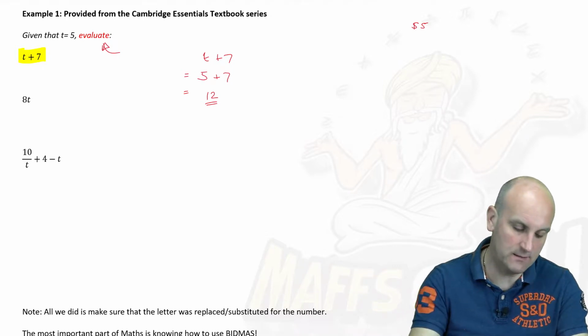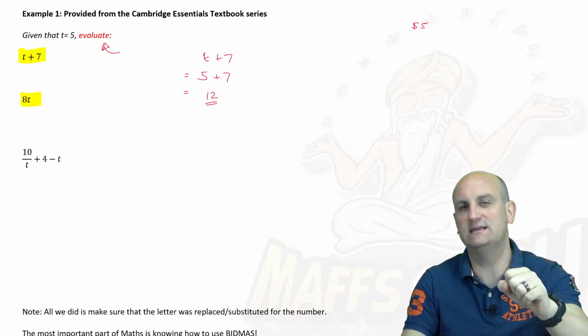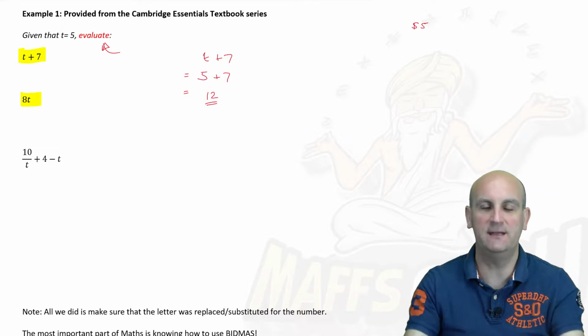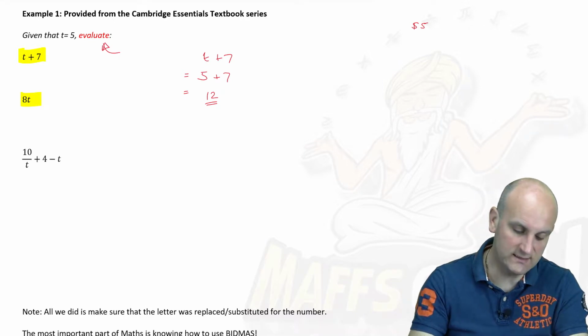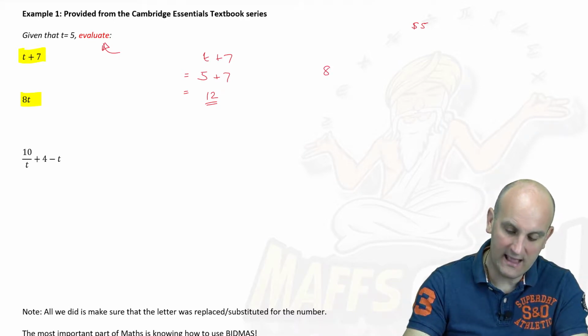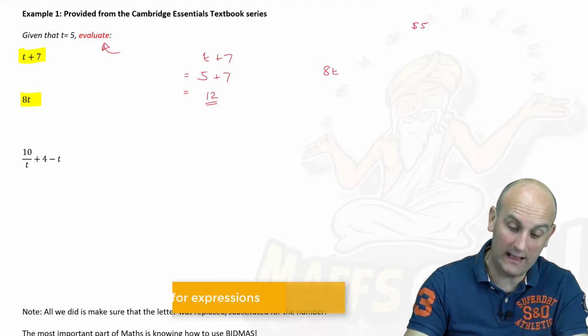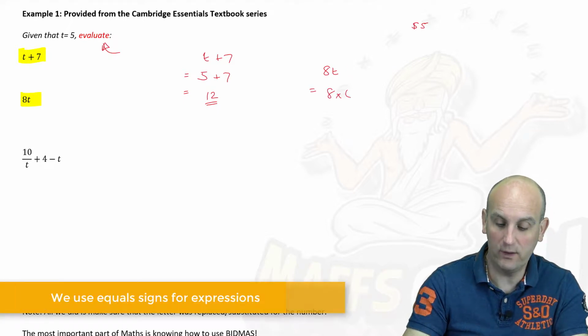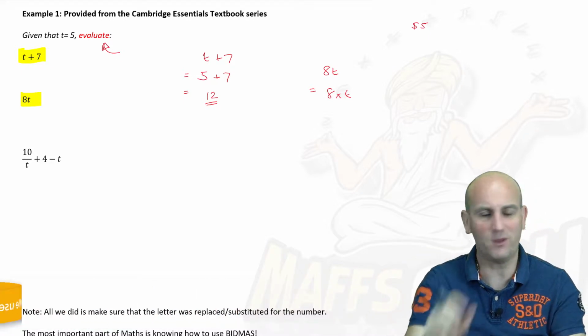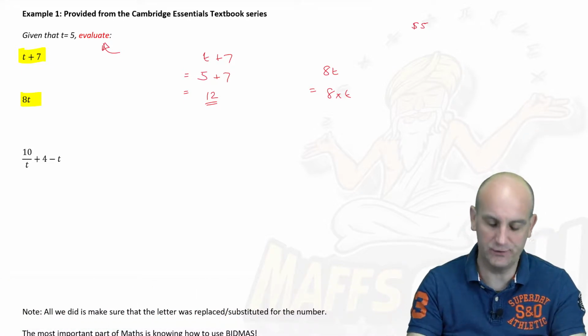What about the next example? Well, it says 8t. So what is between the 8 and the t that we can't see? It means multiplication, kissy kissy. So I always say, let's write that out. Let's do this over here. 8t is equal to, oh no, work down the page. Now, algebra actually always works down the page. We never work across in algebra, it's way too complicated.